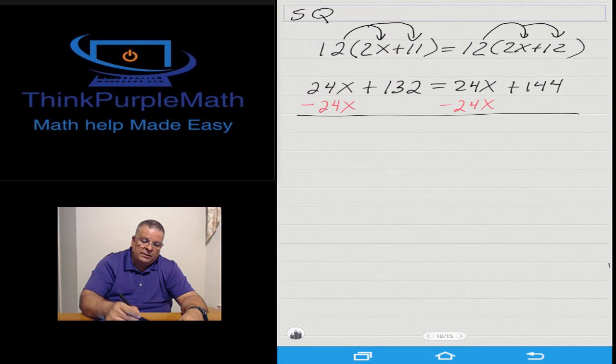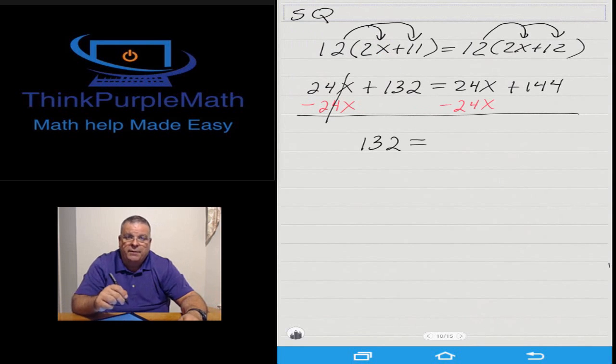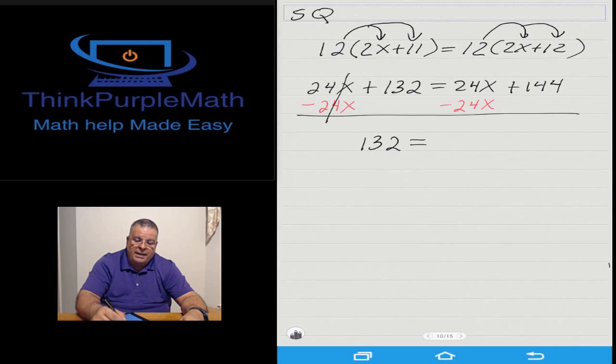Now this group of x's cancels out. We have 132 left on the left hand side. But these x's also cancel out, and we're left with 144 on the right hand side.